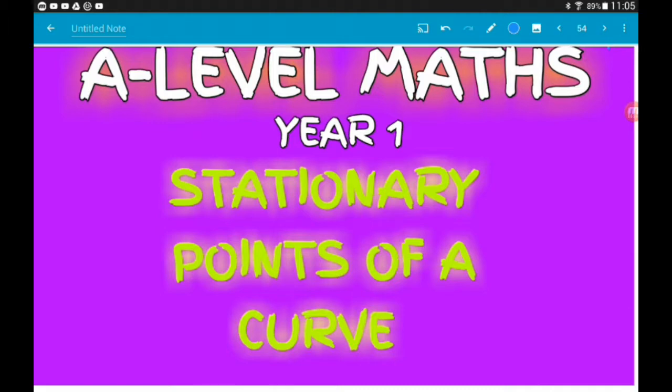What we're going to do in this video is introduce each of the three types, and then we're going to be using first order differentiation to find the coordinates of these points. The most important thing to take in before we get going is that at a stationary point, dy by dx, our derivative, is equal to 0.